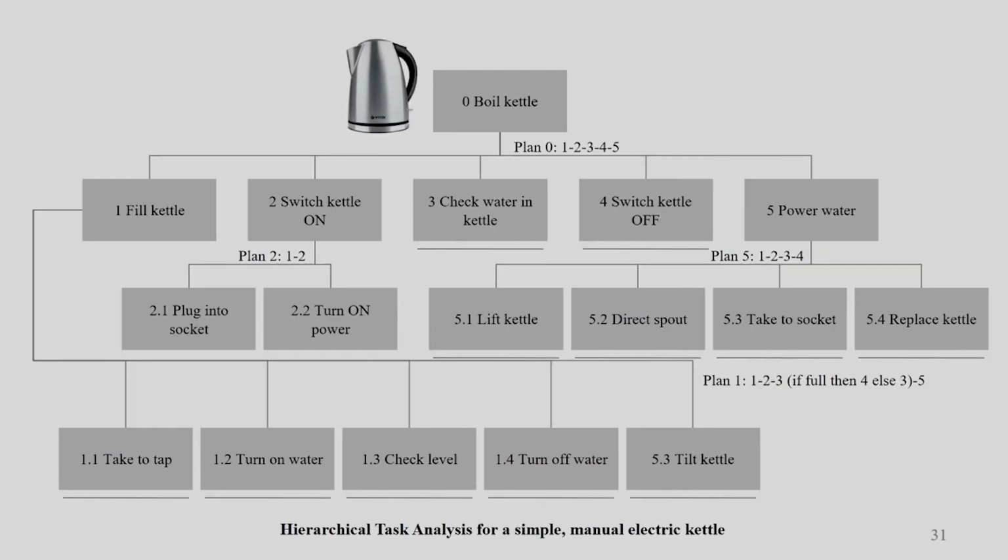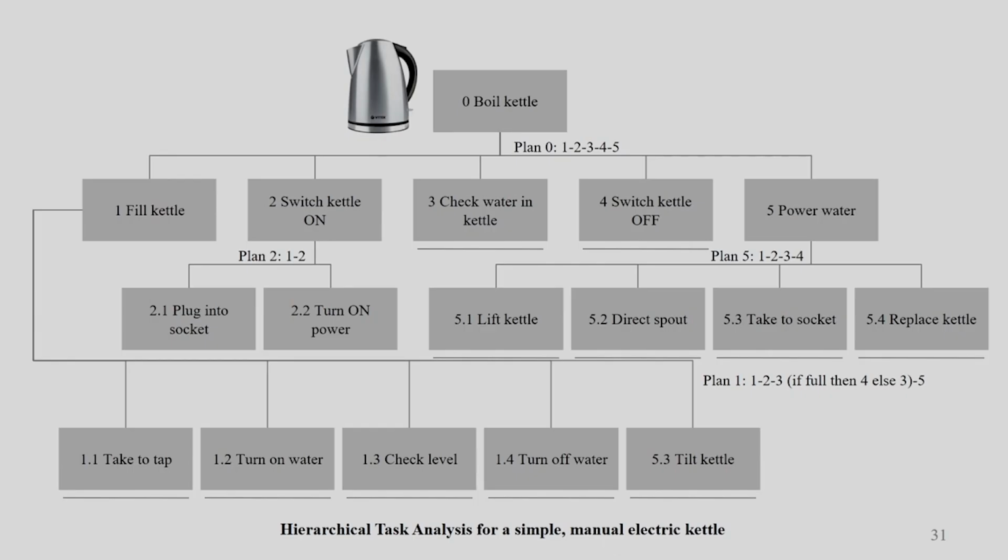So here, as an example, we try to understand how to boil a cup of water in an electrical kettle. First, the major objective or goal is boiling the kettle.